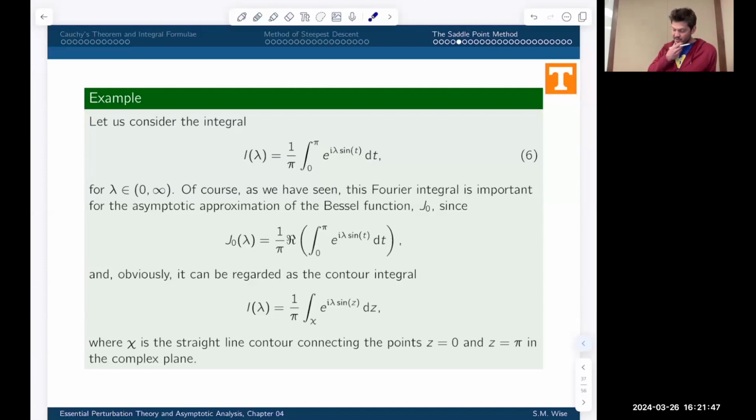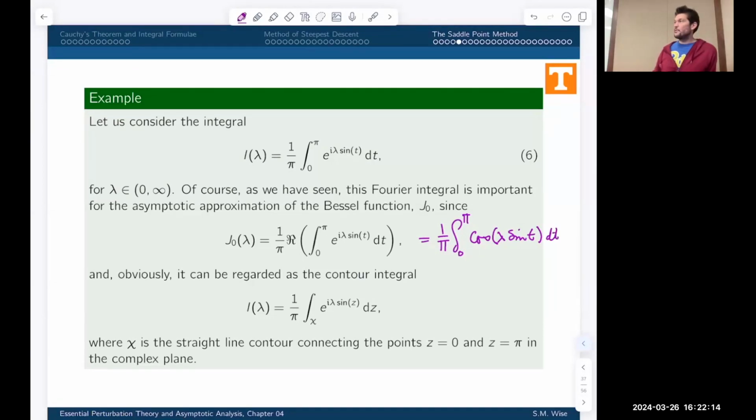Now, why am I interested in this? Well, if I take the real part of this integral, then that's just the Bessel function J0. That's the standard definition of the Bessel function J0. It's defined as 1 over pi, integral 0 to pi, cosine of lambda sine t, dt.